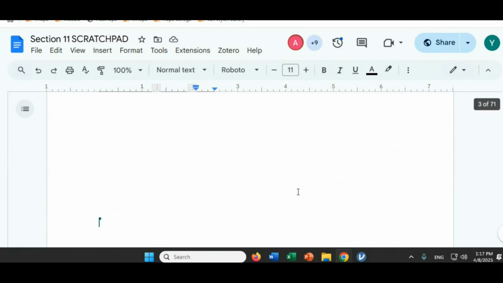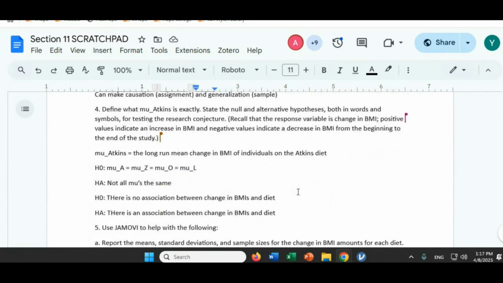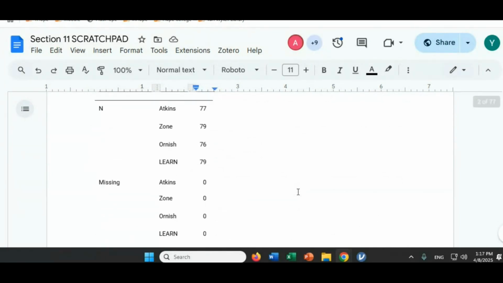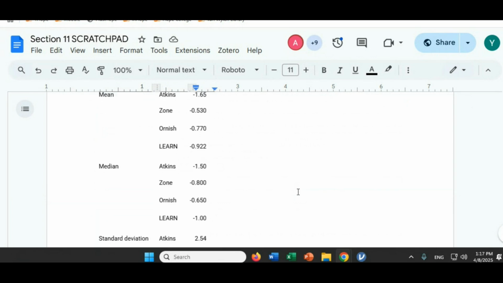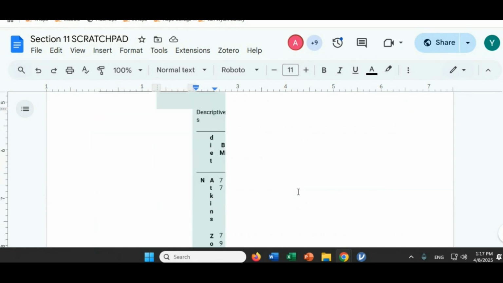Yes, thank you. All those 70 something, yes. These are for the diet data. See all the negative numbers? Good.